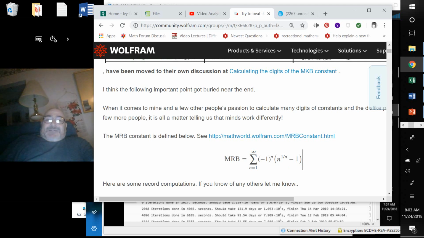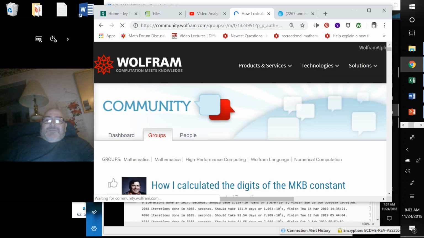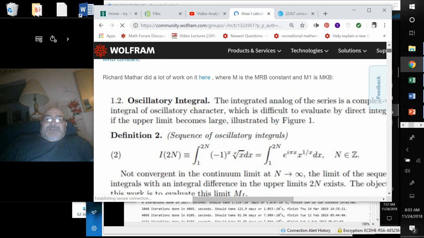Now, the MKB constant is defined right here. I don't want to butcher the author's fine text here, so just look at it. I'll try to summarize it.